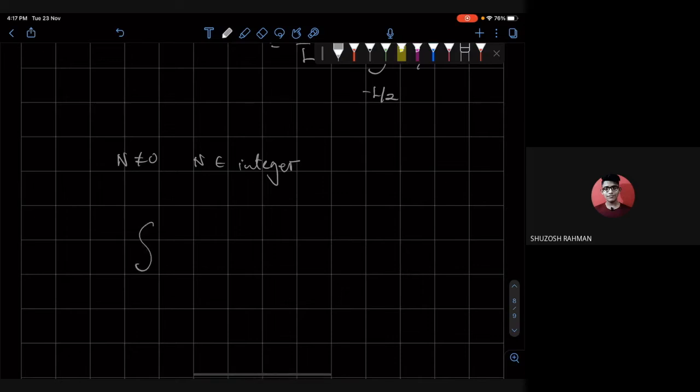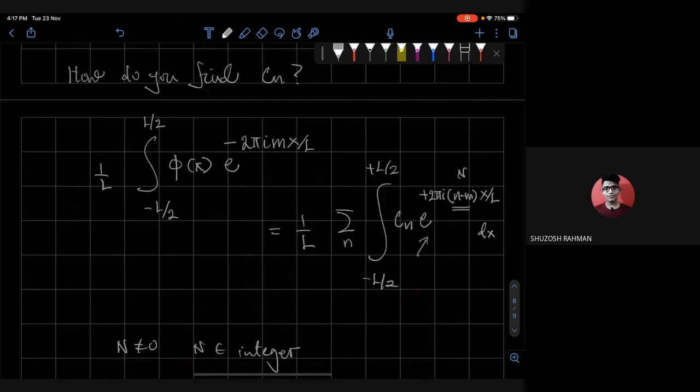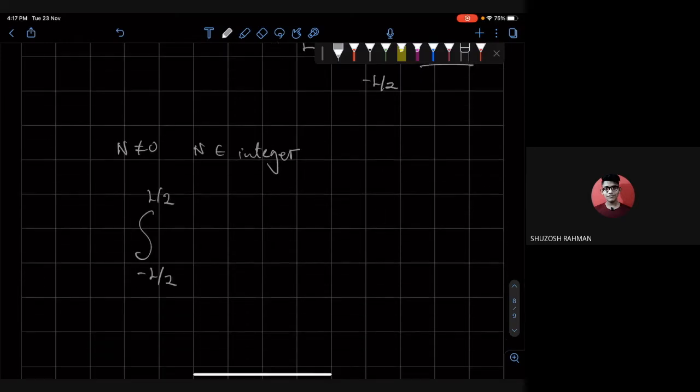Then we are interested in knowing what this integral is going to evaluate to. Okay, this integral. So e to the power 2 pi i N x over L.